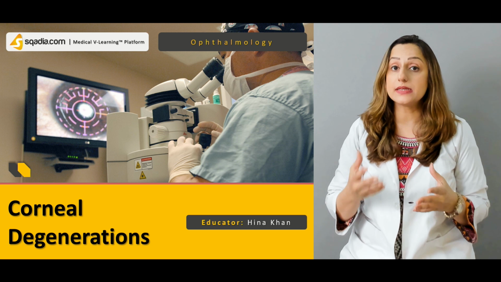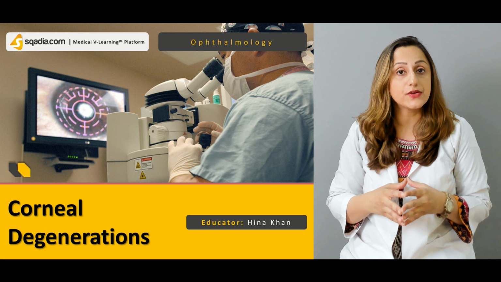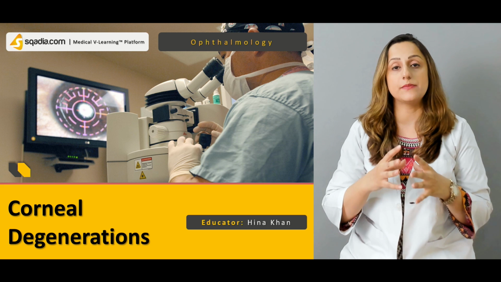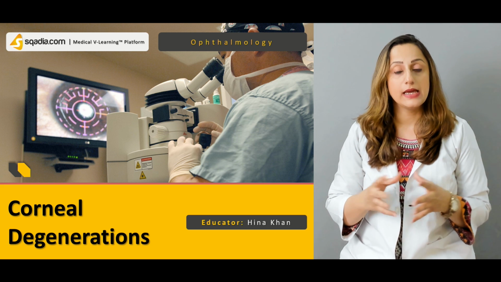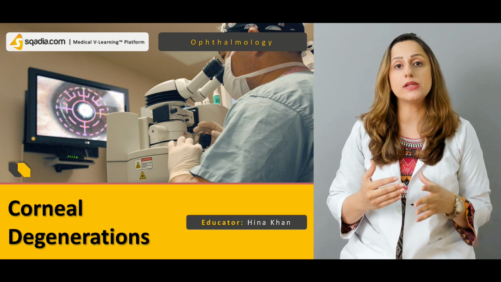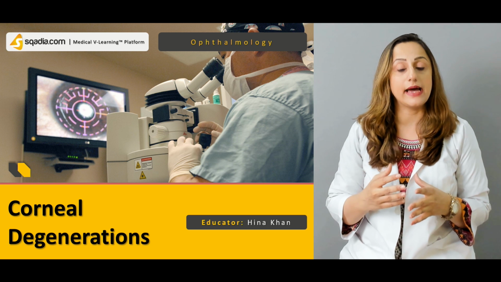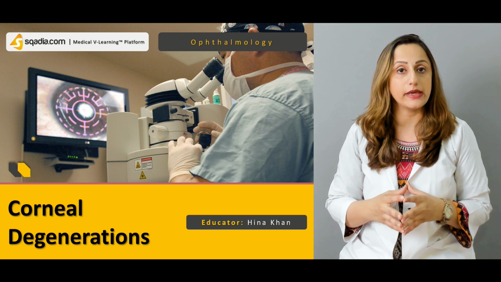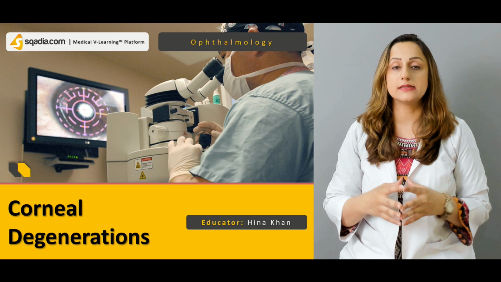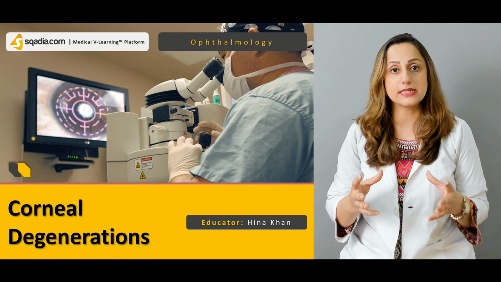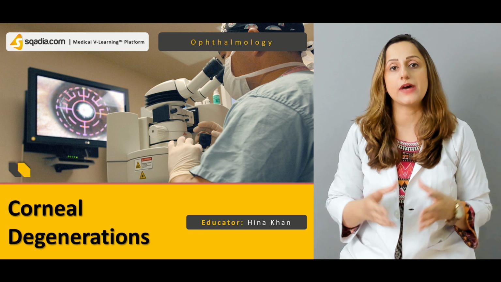It can be the epithelium that is involved, or it can be the Bowman's membrane. Now, when we recall the applied anatomical and histological features of the cornea, we know that there is an epithelium, which is a stratified squamous type of epithelium.